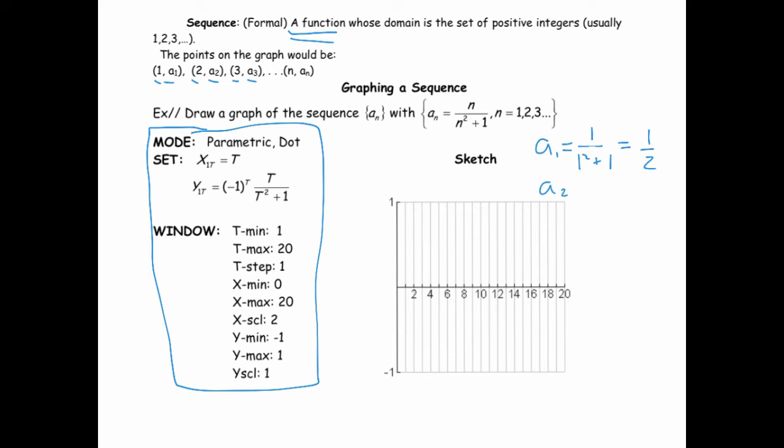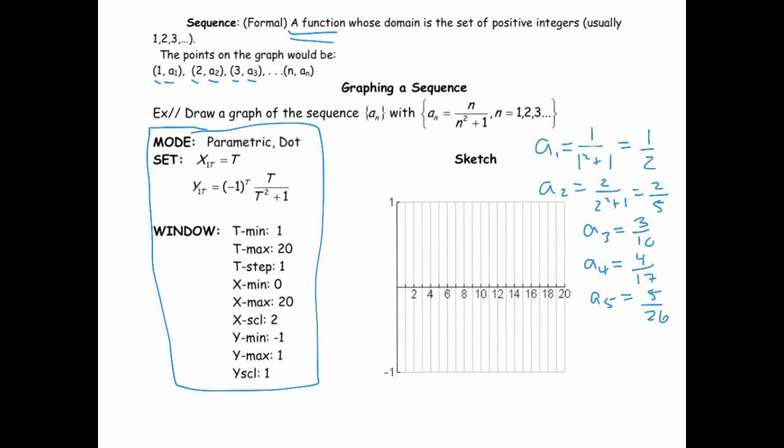The second term would be 2 over 2 squared plus 1, which is 2 over 5. I'm going to omit some of the details now. The third term would be 3 over 10. The fourth would be 4 over 17. And we'll do one more. The fifth would be 5 over 26.